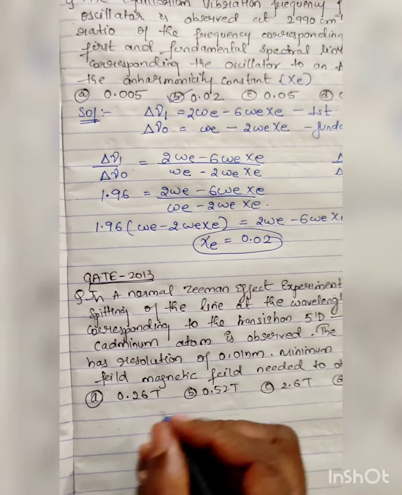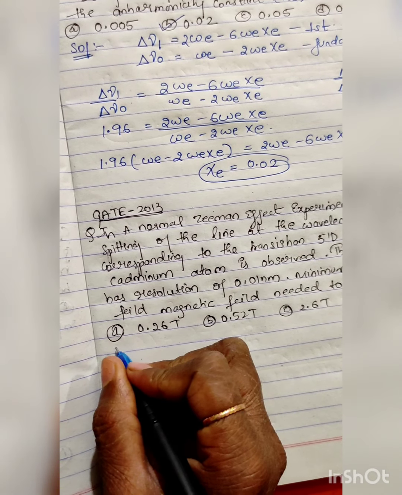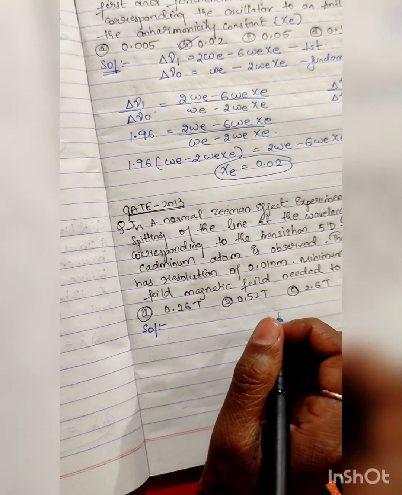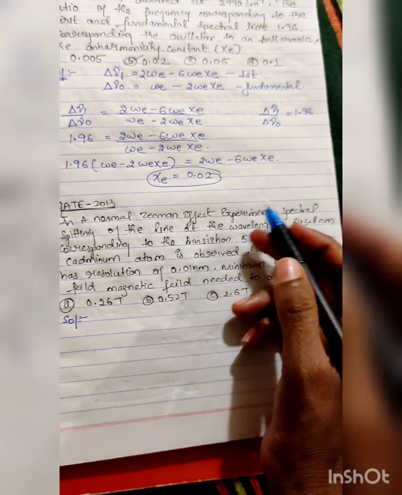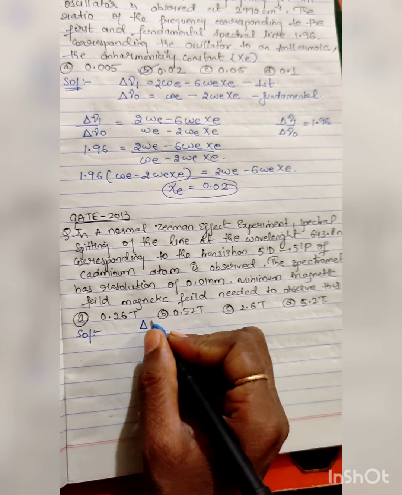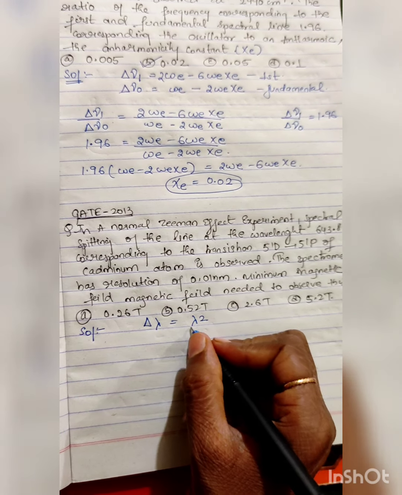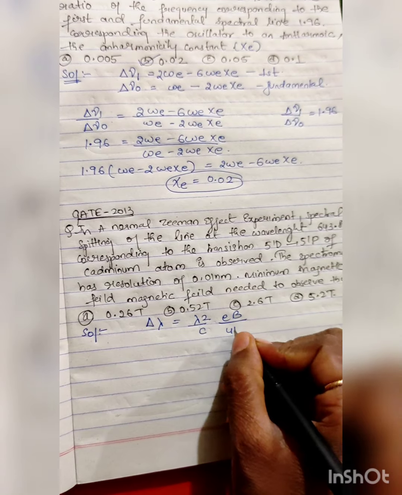In my last video, questions 7 and 8, I gave a very important formula regarding this, that is delta lambda is equal to lambda square by c into eB by 4 pi m.